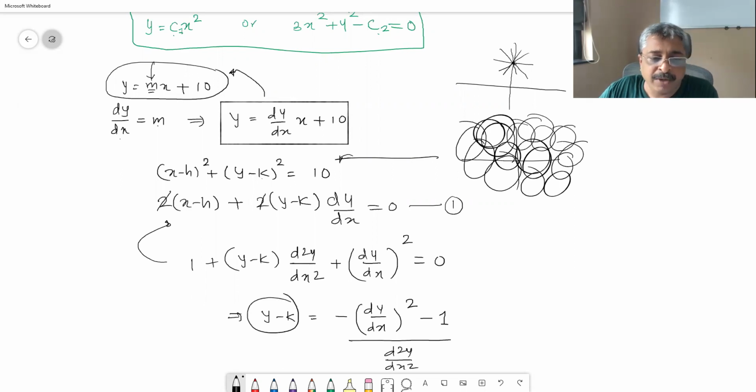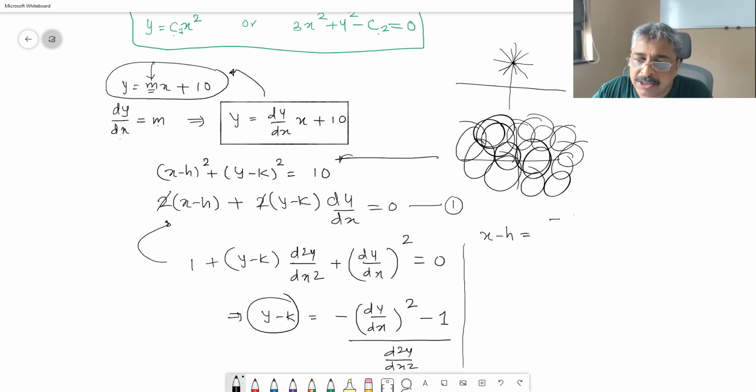Okay, so I have got y minus k in terms of differential coefficients, and then if I substitute this y minus k back into equation 1, what I will get is x minus h is equal to y minus k times dy by dx.